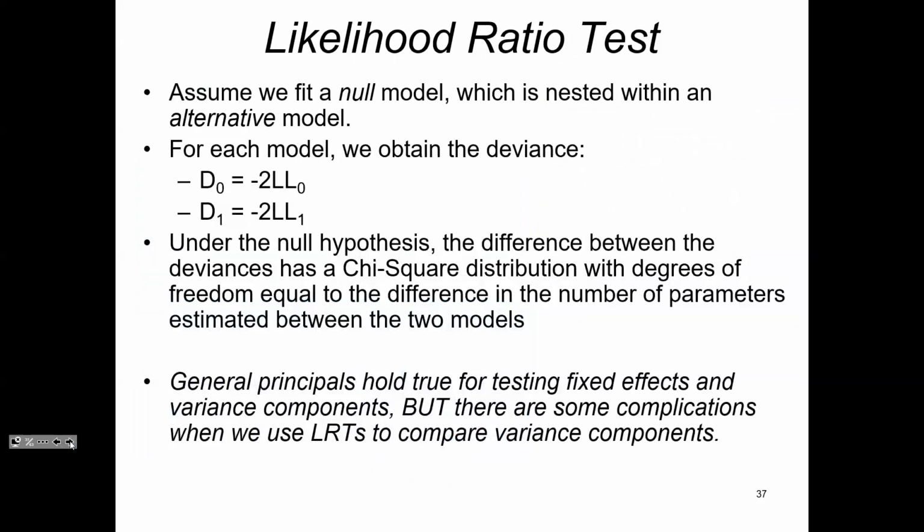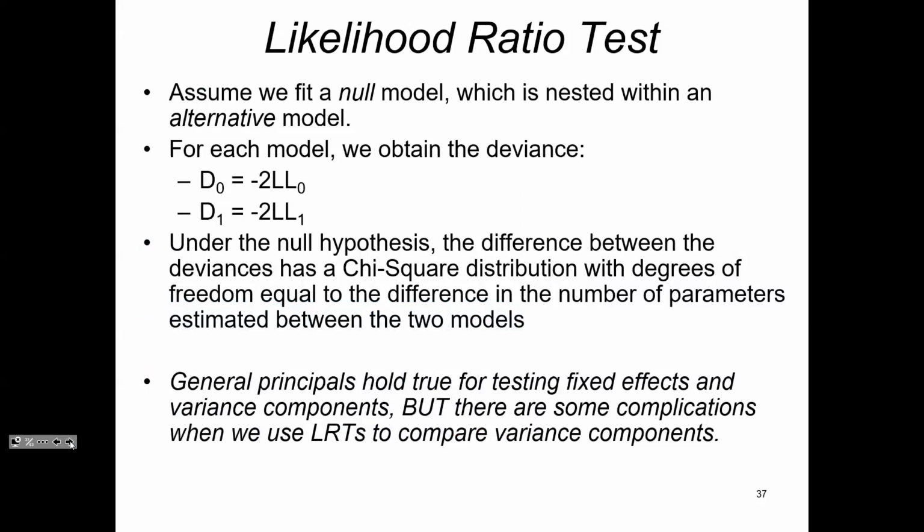Okay. So imagine we've got a base model nested in an alternative model. We've got a simpler model and a more complex model. I'm going to get a deviance for each model. That's what the D0 and the D1 are. I can just take the difference in the deviances.